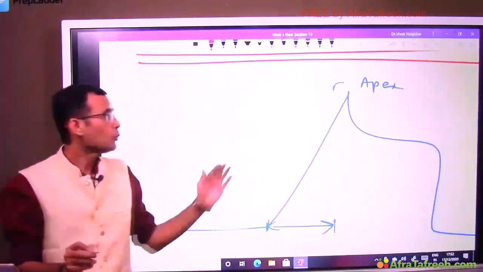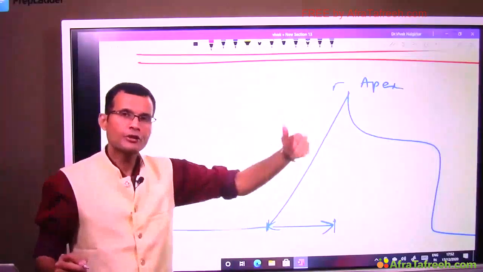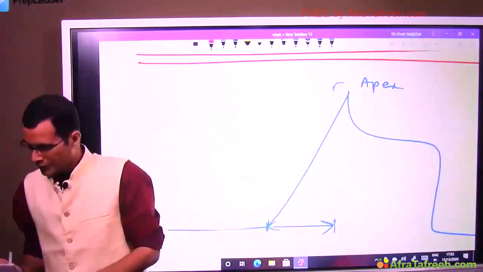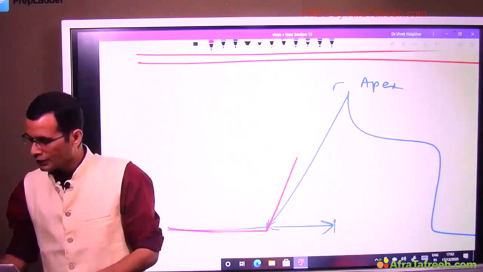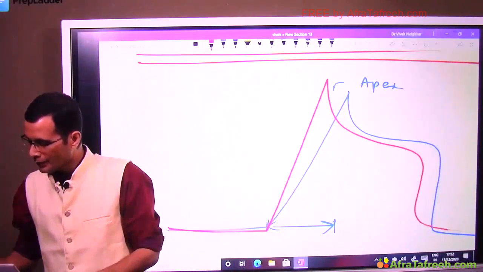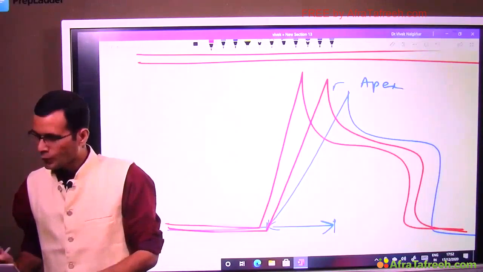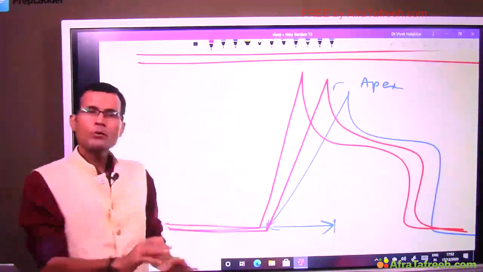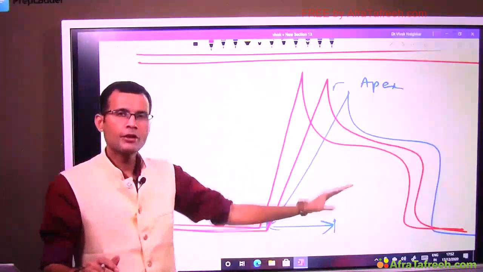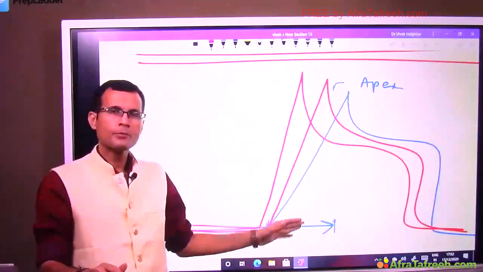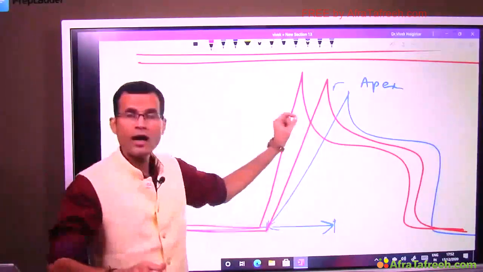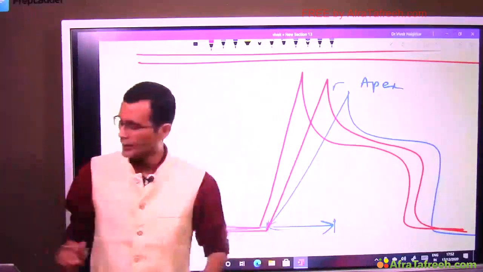And as you go into the ventricle further toward the base, the rates of depolarization will be rapid and rapid and rapid, like this. Okay, look, basically all these cells in the ventricle, they are rapidly depolarizing, but in that also the rates are different. That's the point I'm making.